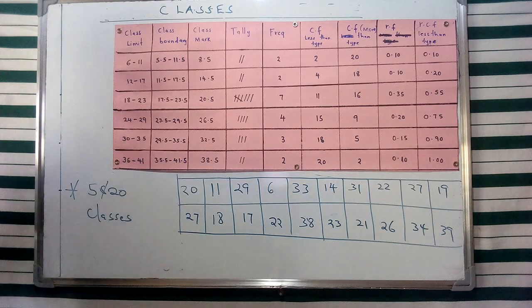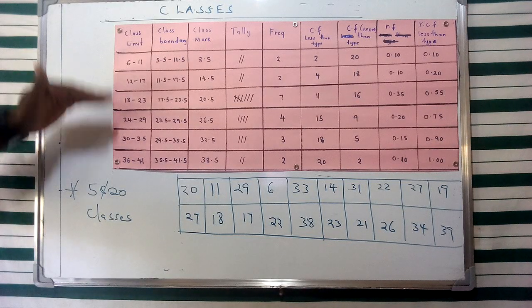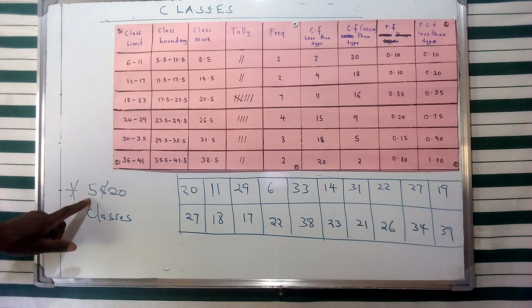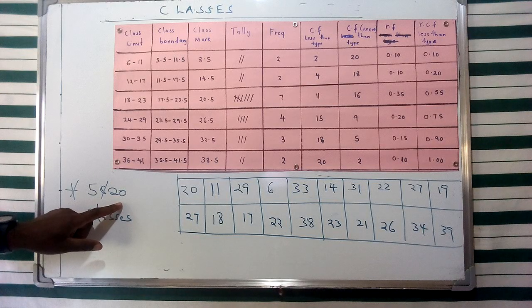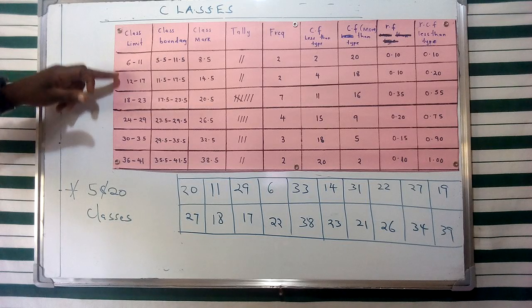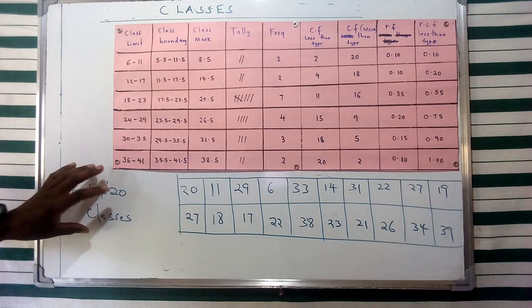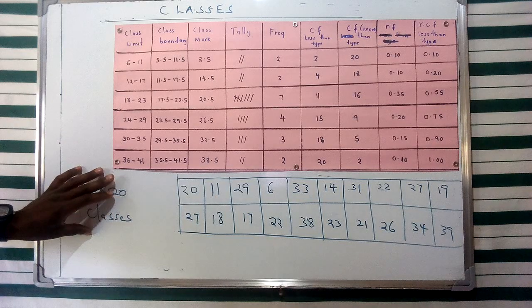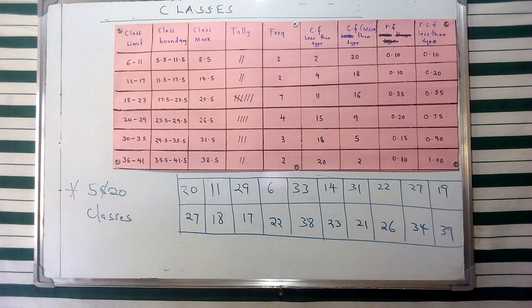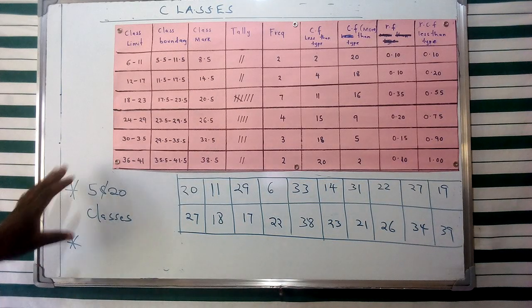Which means we're going to adhere to these rules by confining our number of classes between 5 and 20, for convenience. In this case, this distribution consists of 1, 2, 3, 4, 5, 6 classes. So it's within this range, and therefore that forms one of the basic rules, or guidelines, which we have to adhere to in order to construct classes.